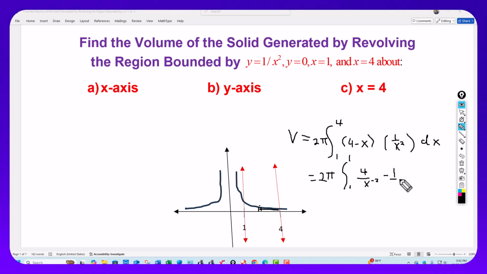Simplify that. It reduces to minus 1 over x. Integrating with respect to x. Let's rewrite this one here: 4 over x squared, take it to the top though, 4x to the negative 2, and then minus 1 over x.